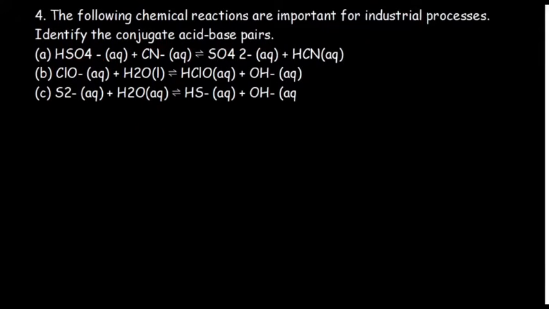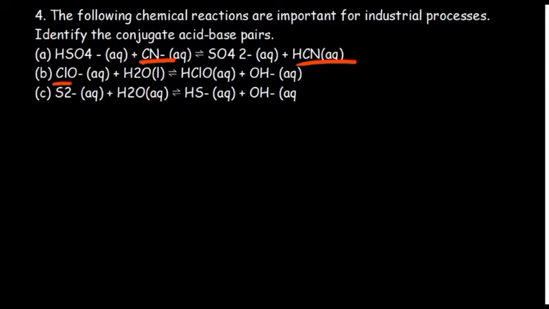So which one is our base? Our base is something that is supposed to gain. So that is our base and that is its conjugate acid. In the second part of the question, which one is our conjugate acid or which one is our base? Our base is something that is gaining a proton.